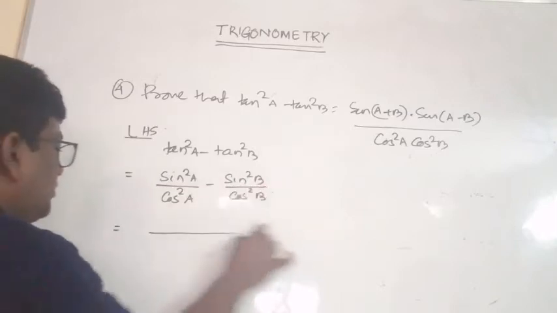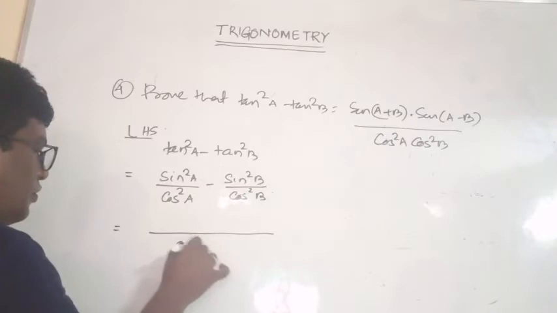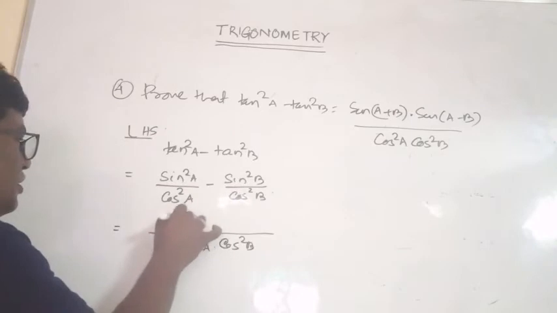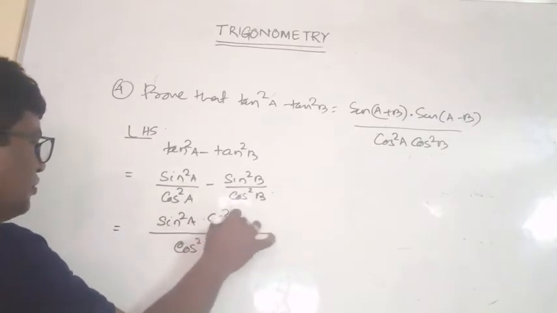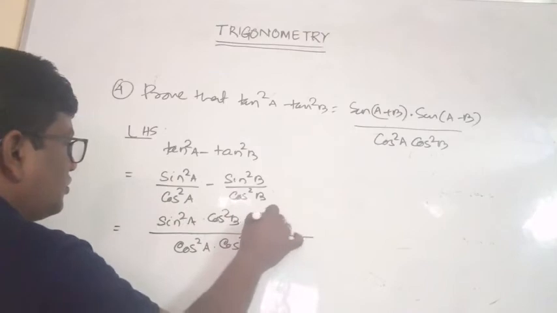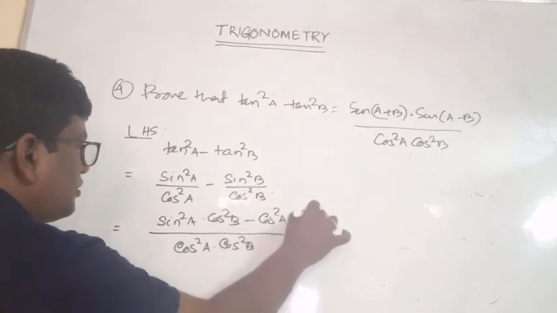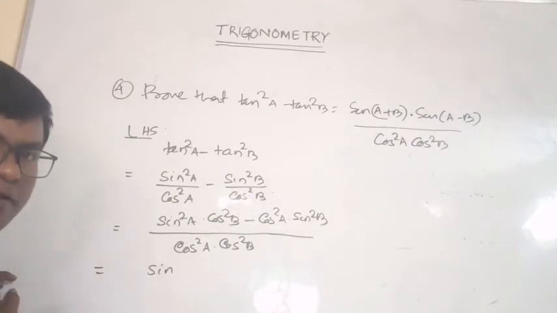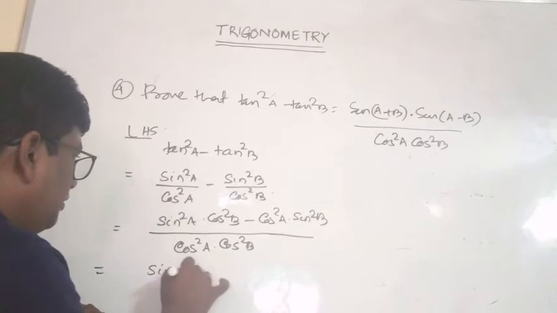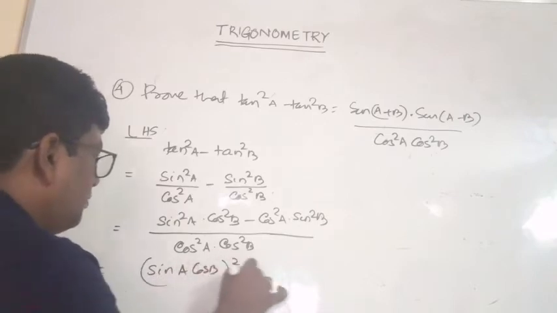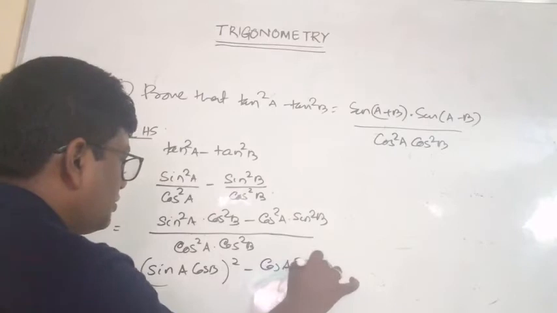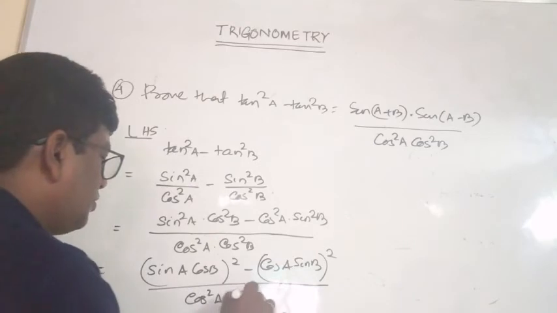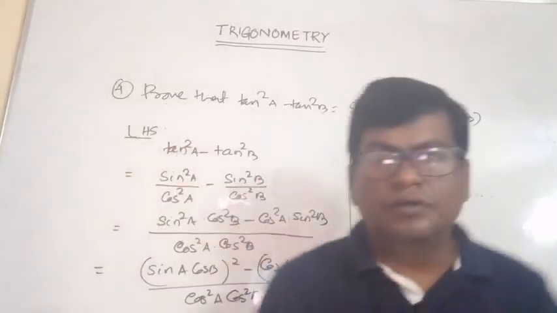Taking LCM, cos square A, cos square B. This is sin square A cos square B minus cos square A sin square B. This can be written as sin A cos B whole square minus cos A sin B whole square divided by cos square A cos square B. Now this is equal to what?